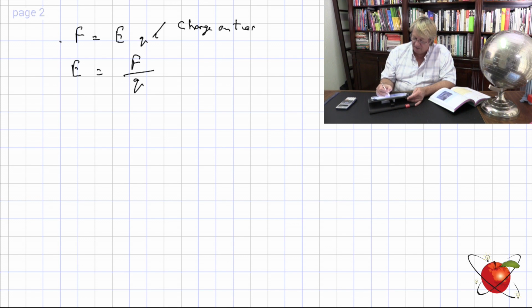So at any point, the force is equal to E times Q, which means my electric field strength is force over the charge on the test charge. Remember, we've got an electric field, we take our charge and we drop it into the electric field.